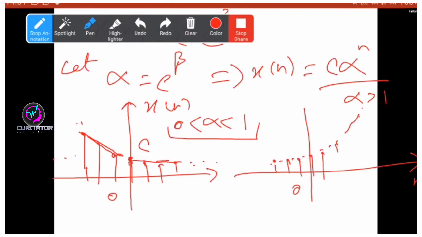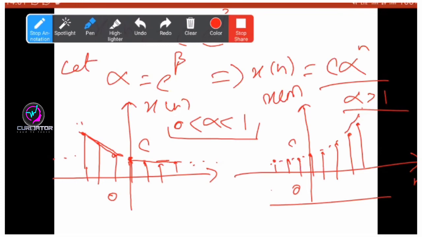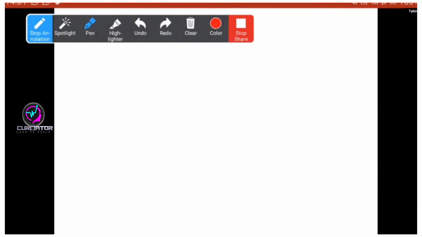This intercepting point will be C. This is x of n. If alpha is greater than 1, our signal will be like this, as an increasing exponential. And now if C or alpha, any one of the values, is complex, then our signal will look like this.